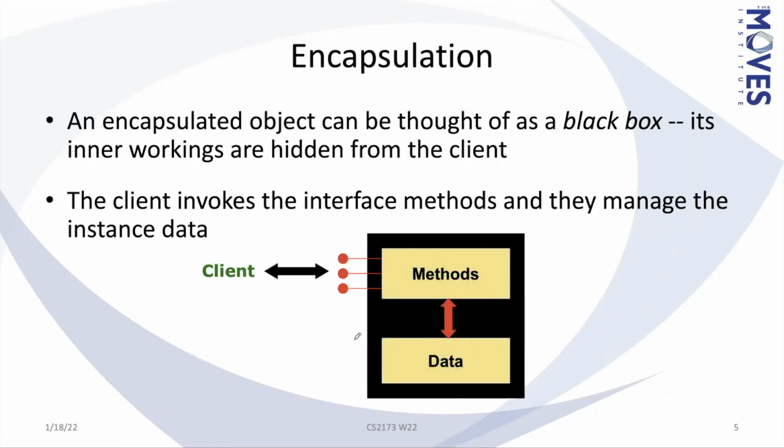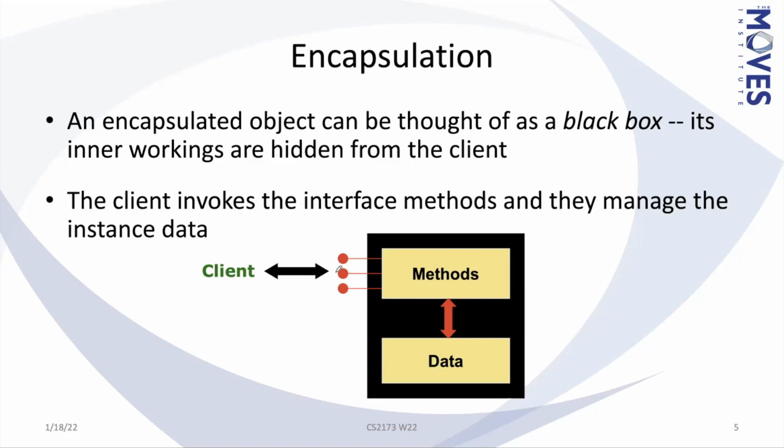In general, we should think of the object as a black box. What is going on inside is not the client's job. Of course, as the developer writing the class, I put in what data I want, that is the instance variables, and I write whatever methods are required to manipulate this object.